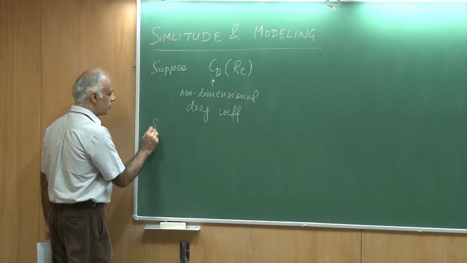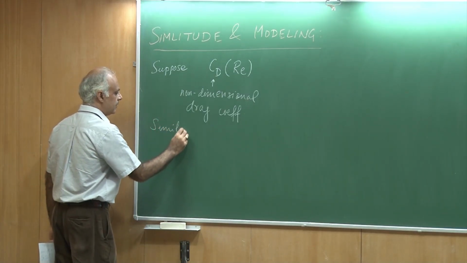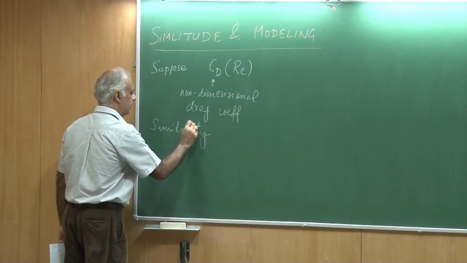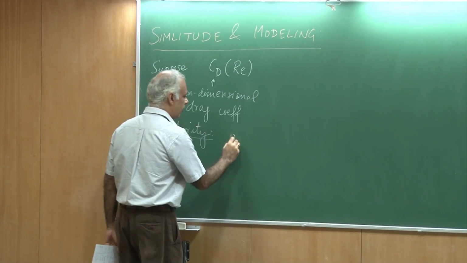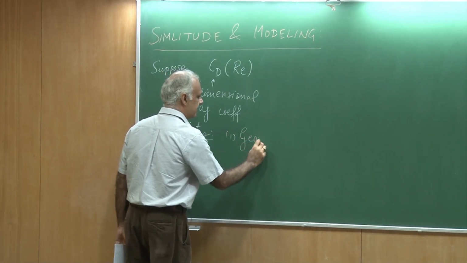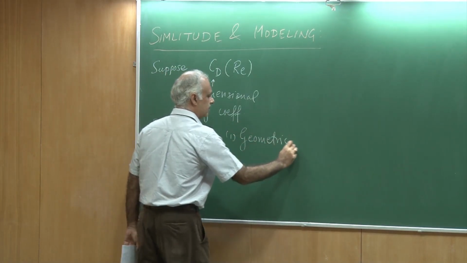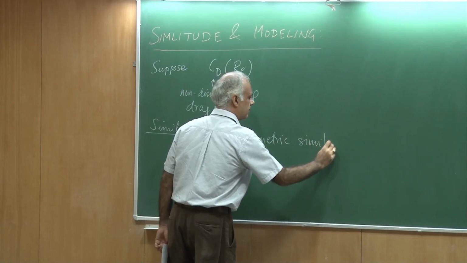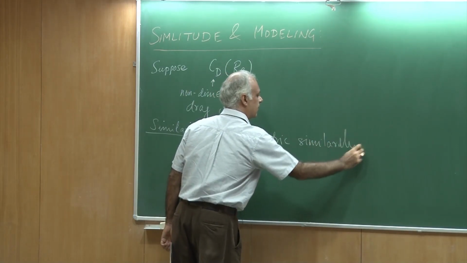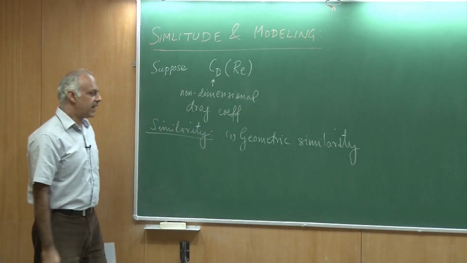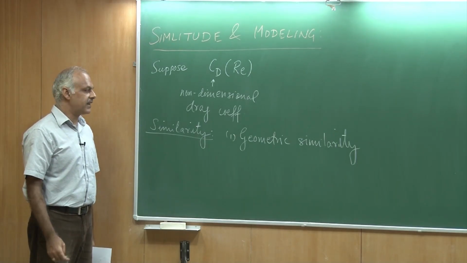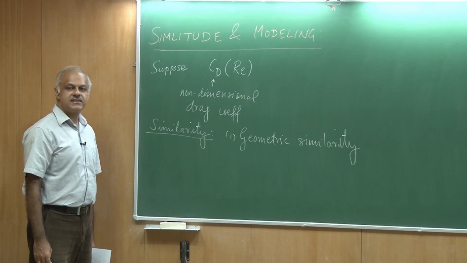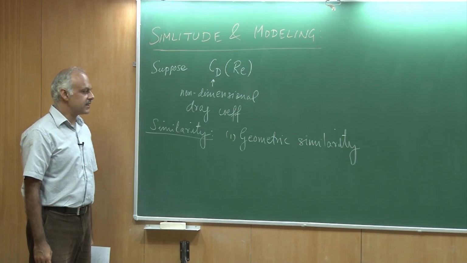If we want to look at similarity, the first thing was geometric similarity. This means that the shapes are similar, in fact identical, but the length scales are related to each other by a constant scale.